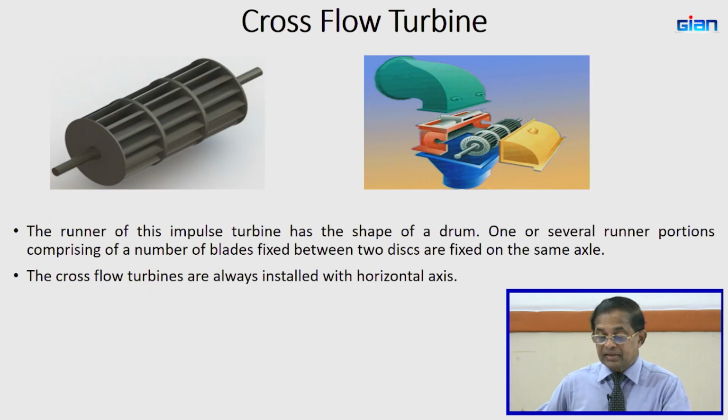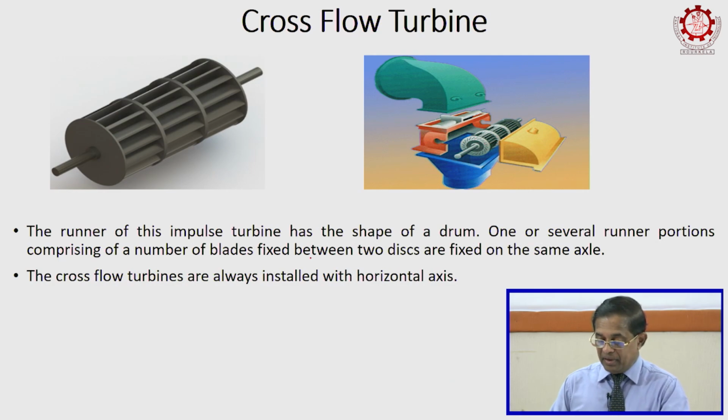And the cross flow is a third type, again an impulse turbine, but with simple construction. It is just a drum, and it can even be fabricated locally. You can see from this opening, water comes and hits the runner.